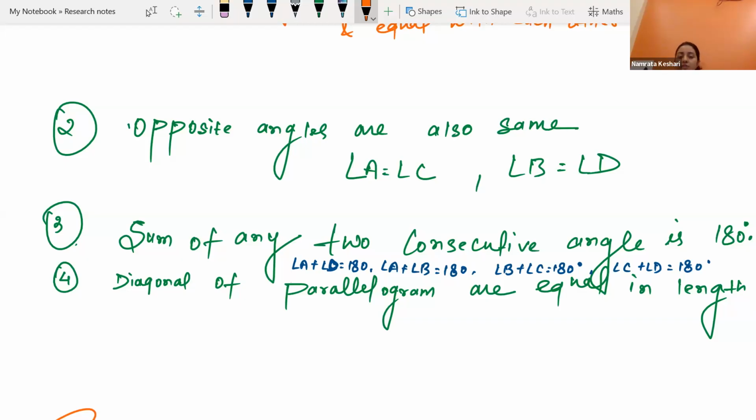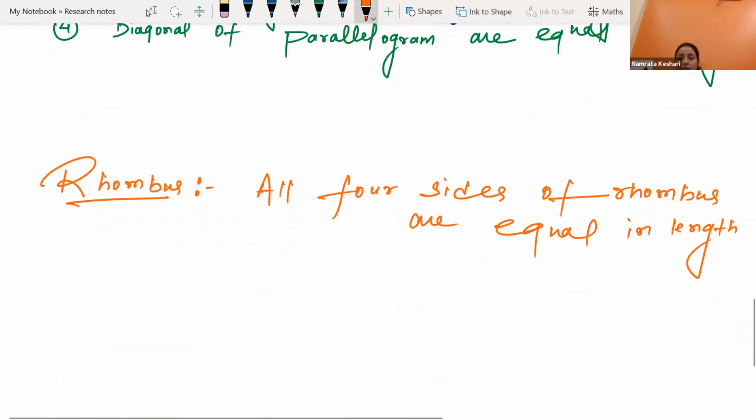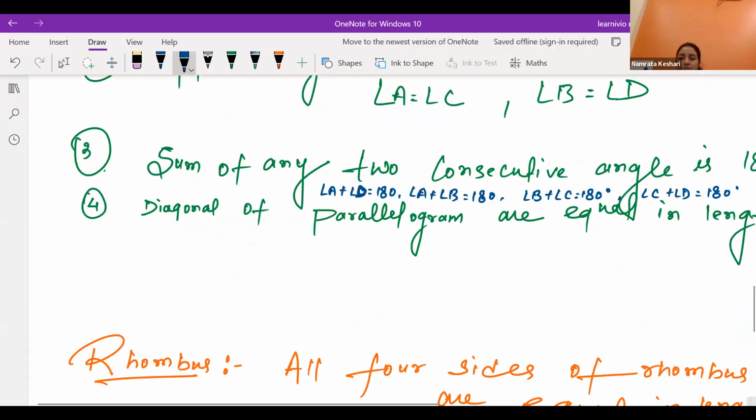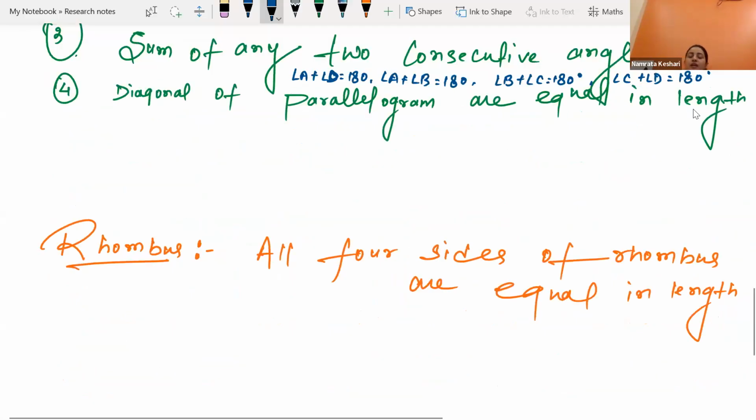Can I scroll down, Irshad? Yes, ma'am. Okay, so I'm keeping this much. Is it okay? Yes, everyone is noting down. All four sides of a rhombus are equal in length, and diagonals are perpendicular bisectors of each other.